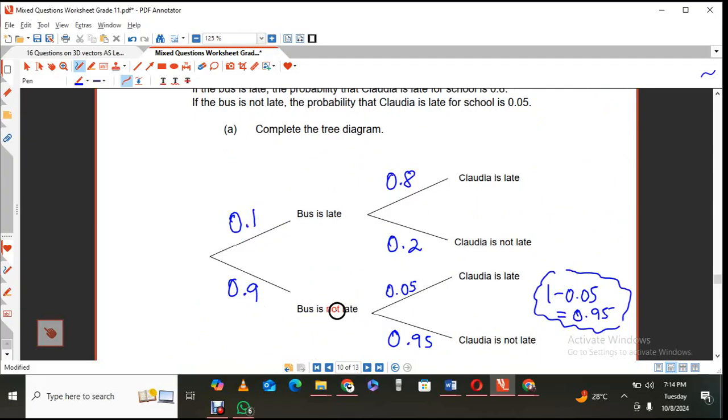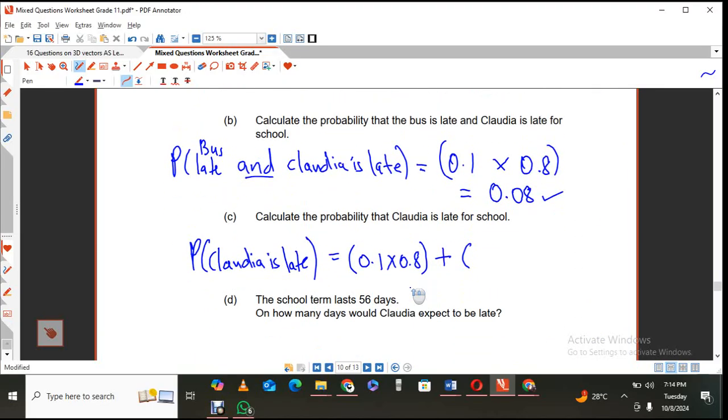So we have to go along those branches. So coming here, 0.9 times 0.05. Well, if you were to calculate all of that, you're going to get 1/8 or 0.125 as an answer.